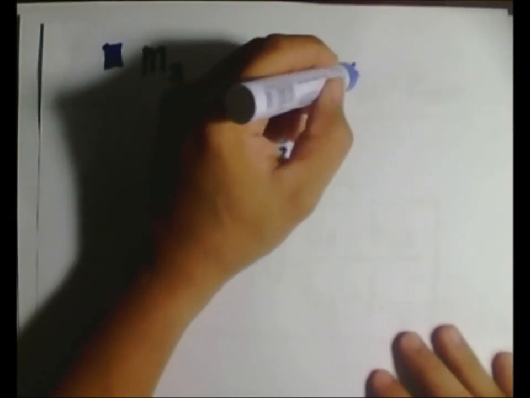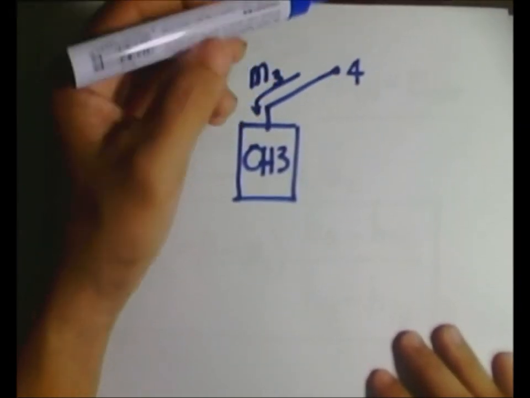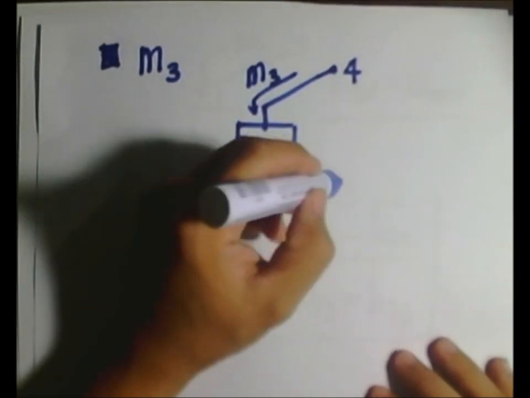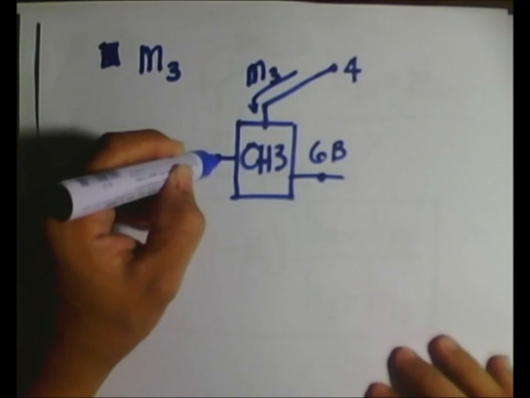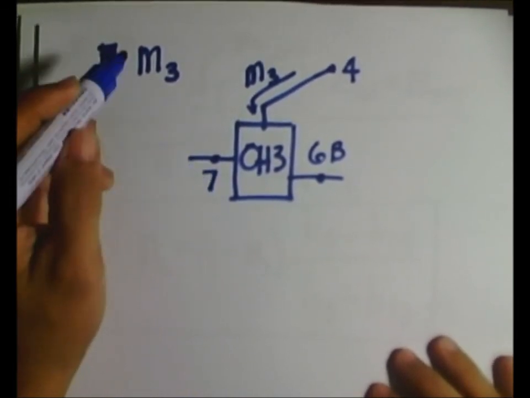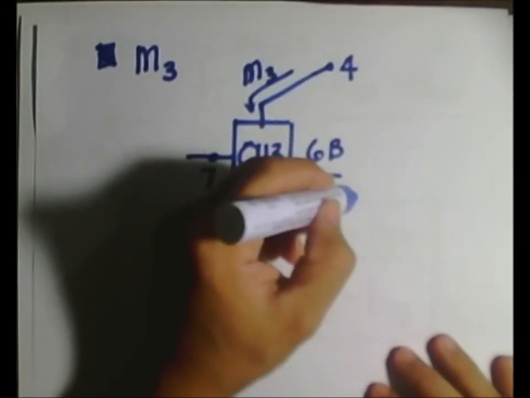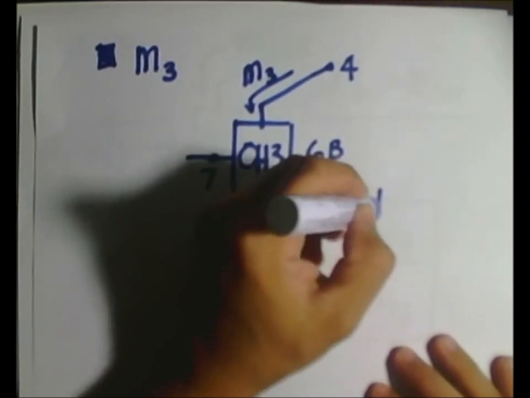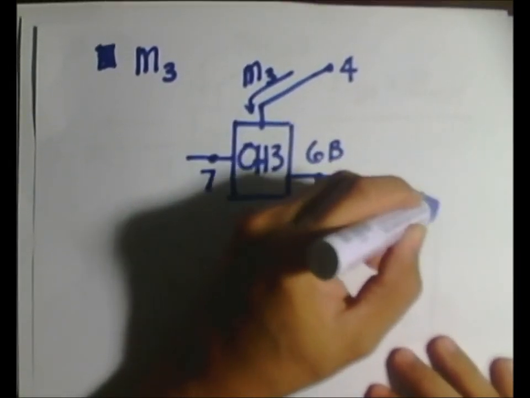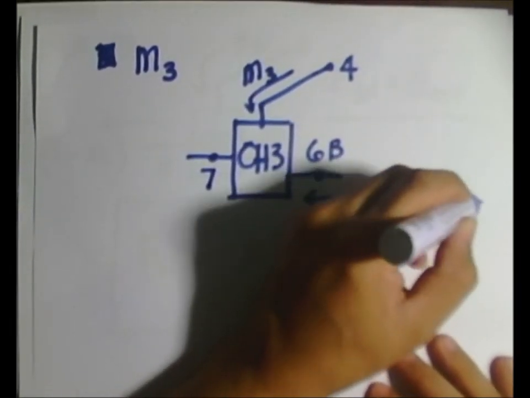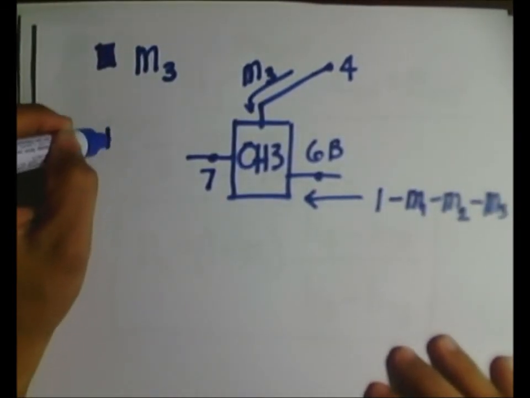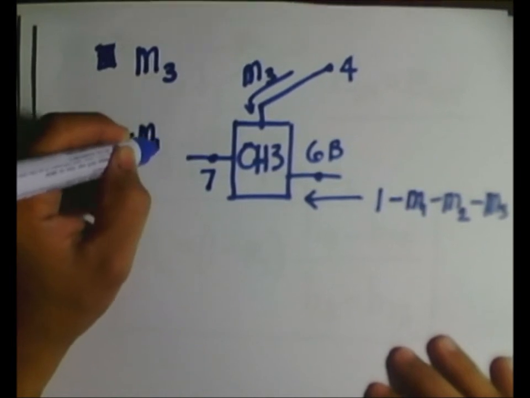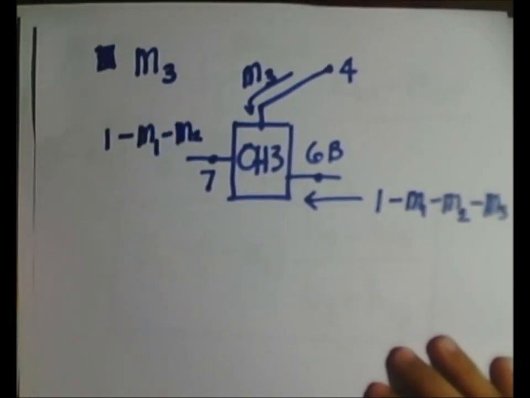This is connected to point 4, therefore we have here H4, 6B, and 7. So from this schematic diagram, we know that what enters here will be 1 minus M1 minus M2 minus M3. What comes out here is 1 minus M1 minus M2.